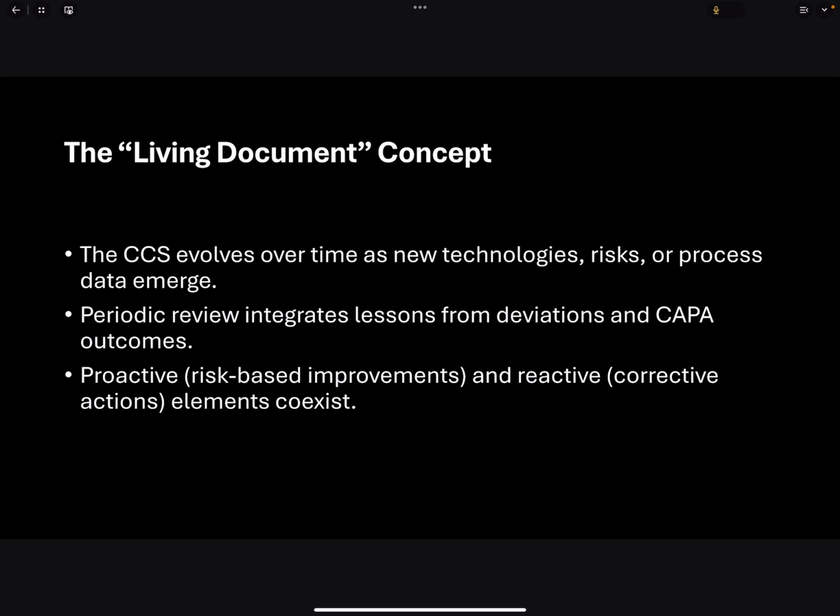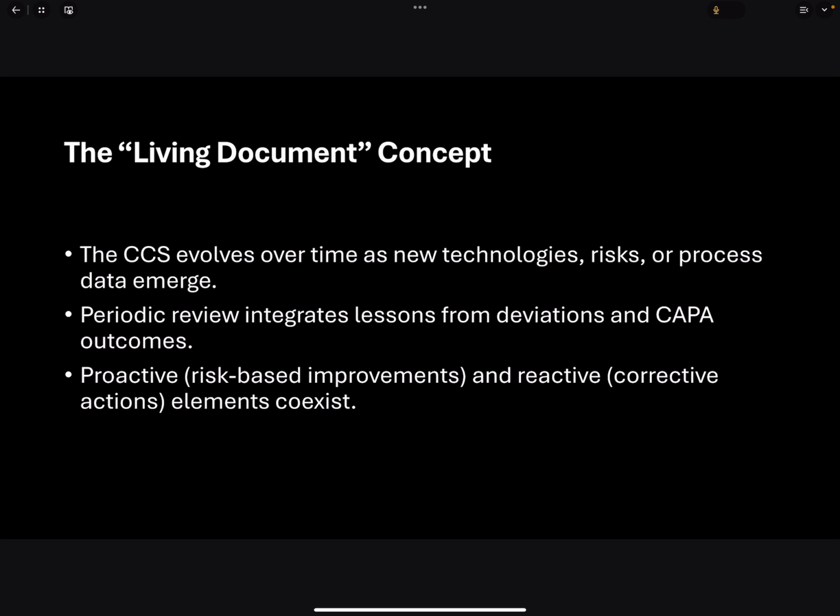One thing that makes CCS unique is that it's a living document. That means it's never truly finished. As technologies evolve or new risks appear, the strategy must be updated and improved. We also combine both proactive and reactive elements.